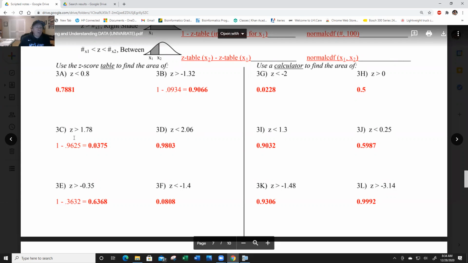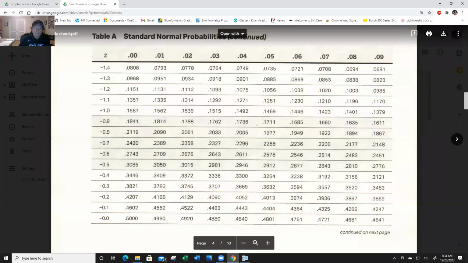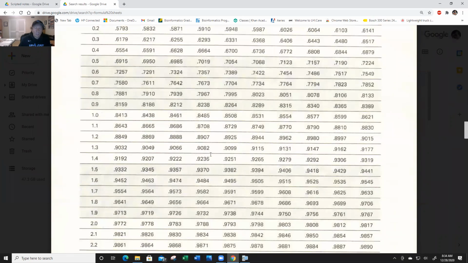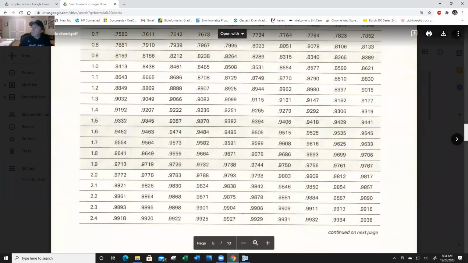And then part C is the area above 1.78. All right, 1.78 is pretty close to 2. Remember, 2 is pretty deep in the tail. So I'm going to look up 1.78. 1.7 here, and then where's 8? That's got to be 9, so it's got to be right.